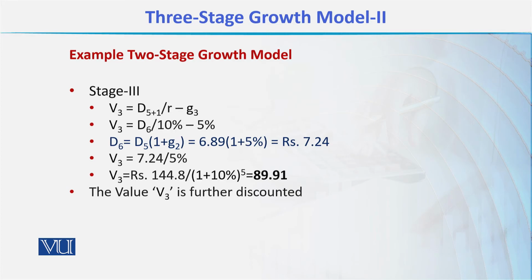So D6 will be calculated by multiplying D5 with the next year's growth rate, and that is 7.24. This will be divided by the difference of R and the growth rate, and ultimately the value comes out to be 144.8, which will then be discounted for a period of 5 years in order to get the value of V3.